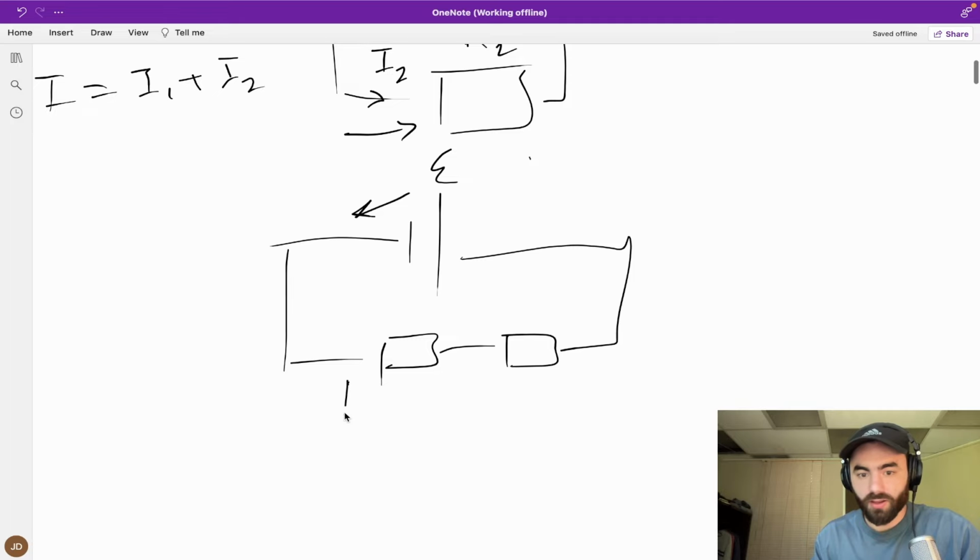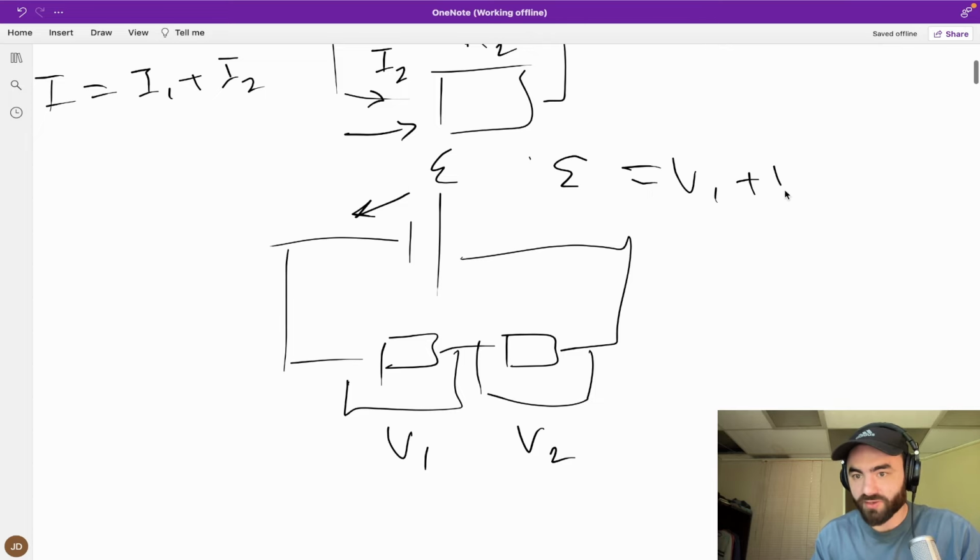So there might be a potential difference of V1 across here and V2 across here. Well, the EMF, E, is going to equal V1 plus V2. This is basically saying that all the energy generated in the battery and transferred to these charges is being used up throughout the circuit.